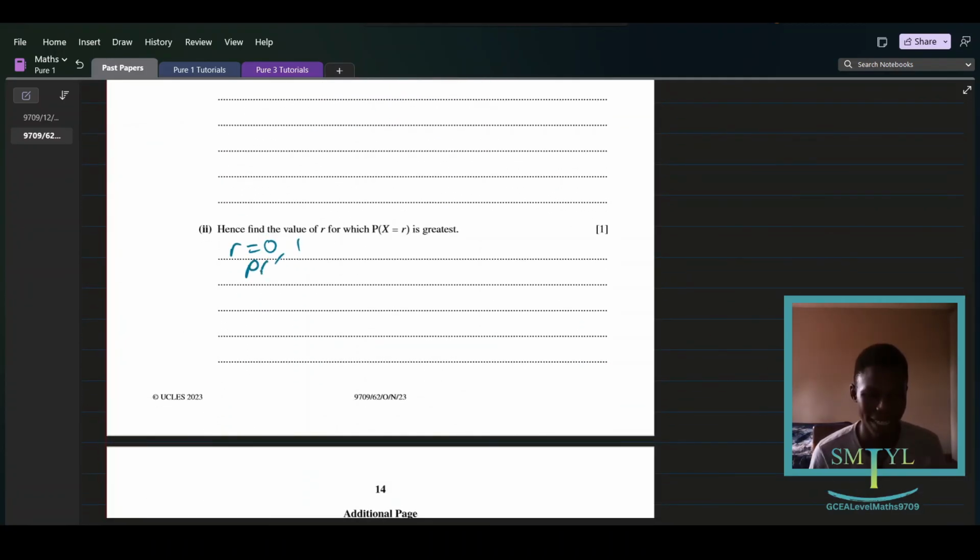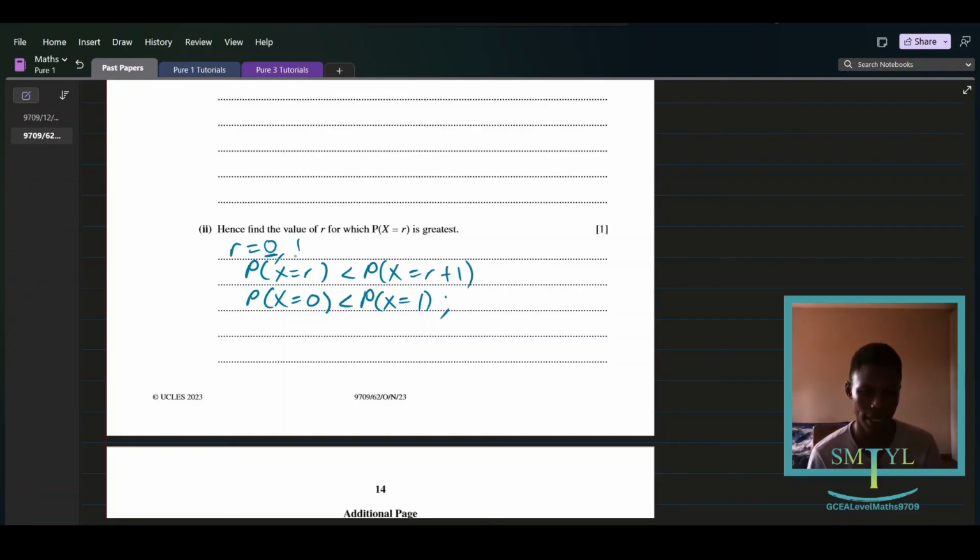Now let's substitute. When r is 0, we get the probability that X is 0 is less than the probability that X is equal to r plus 1. So that's 0 plus 1 is 1.